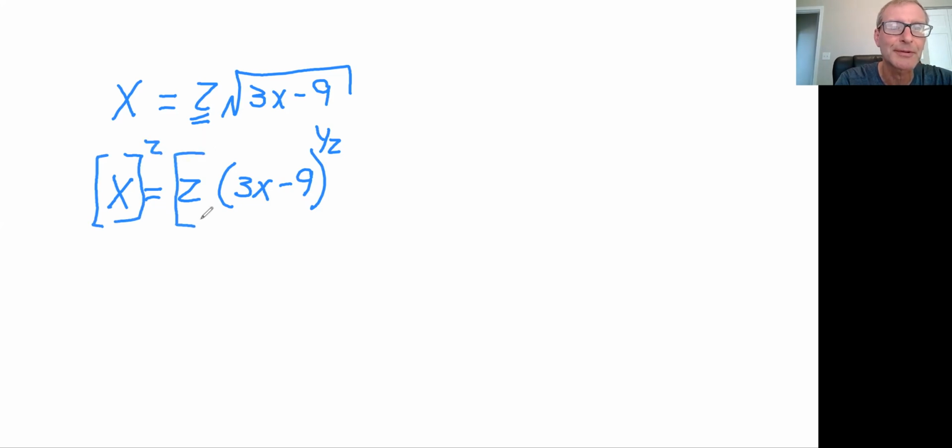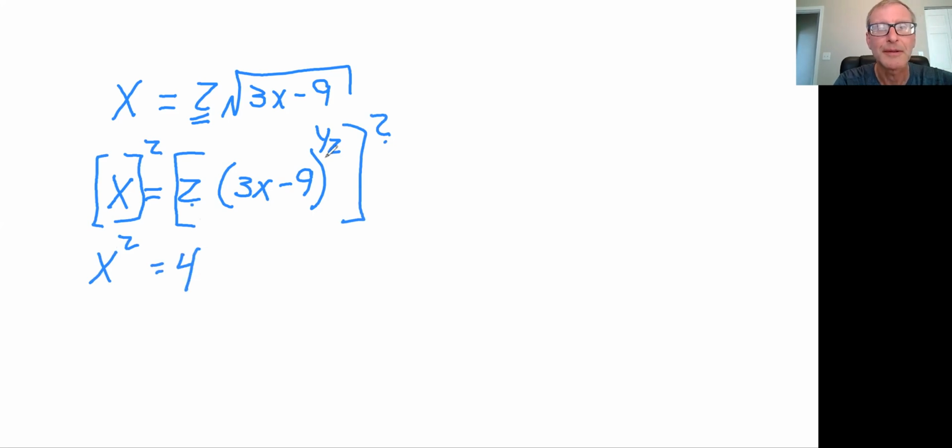But notice that when you square both sides, you're squaring not only the 1/2 exponent, but you have to square the 2 with it as well. That's how you deal with it. So you get x squared, and 2 squared would be 4, and then 1/2 times 2 gives us 1. So that would be 4 times (3x minus 9).